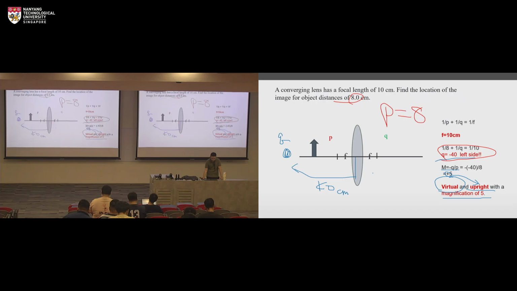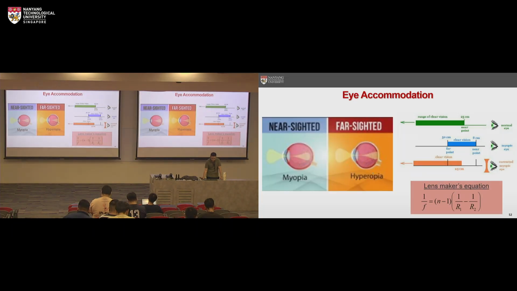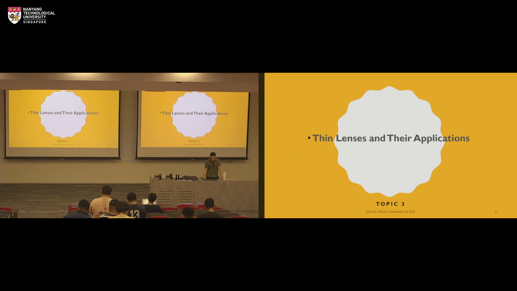Okay, so we have already gone through these. To sum up, I would say the last part of the lens is maybe the most valuable part, or maybe the most challenging part.